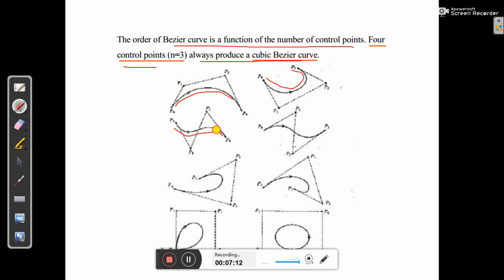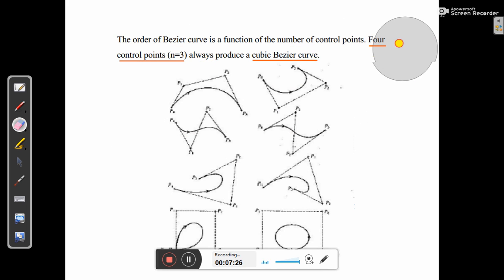This is also a cubic Bezier curve. These are cubic Bezier curves. Okay. So if the control point number is 4, or you can say the segments of line is 3.